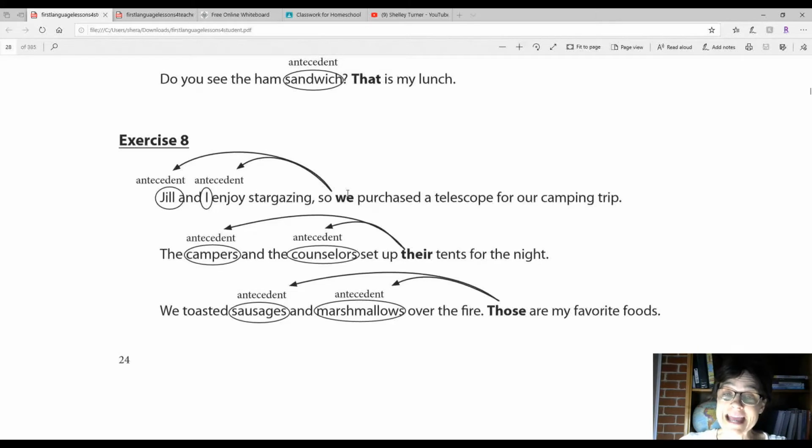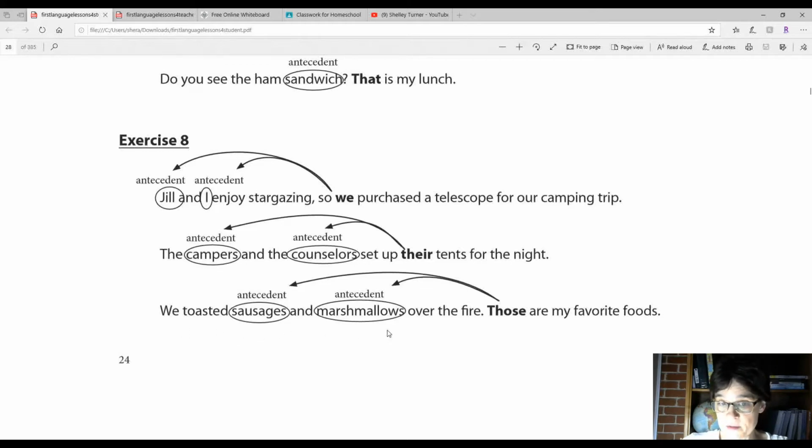So that means that it takes the place of Jill and I. So they've circled those. Now notice how the arrows go from the pronoun to each antecedent. Okay. The campers and the counselors set up their tents for the night. Same thing here. There's the pronoun. See how the arrows go over to the antecedents.